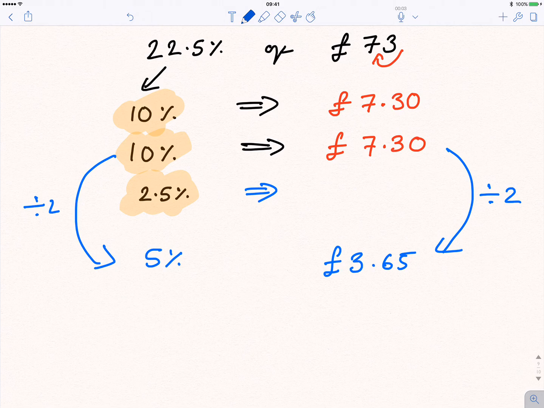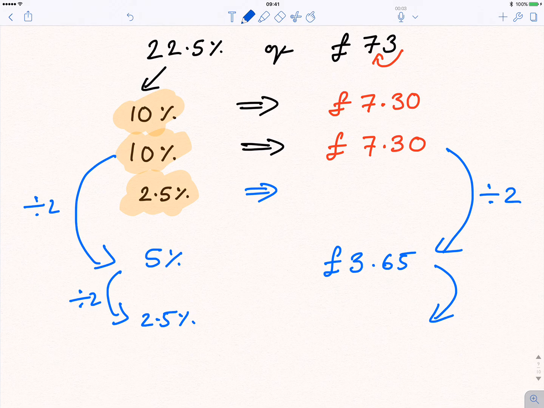You'll notice that half of 5% is 2.5%. So if we halve the 5%, we get 2.5%. So what's half of £3.65?